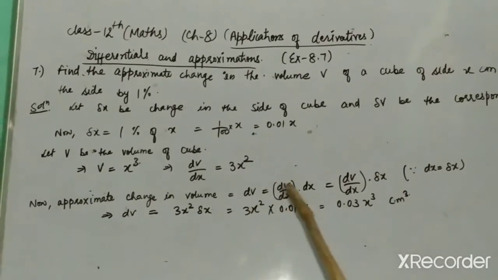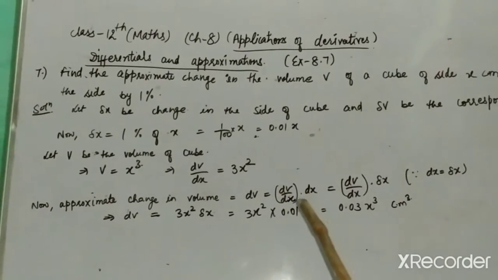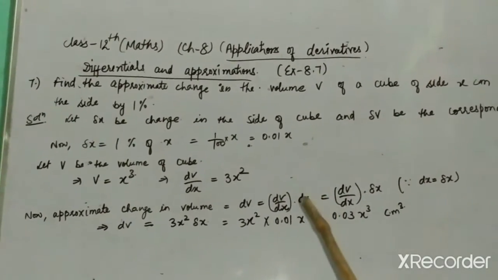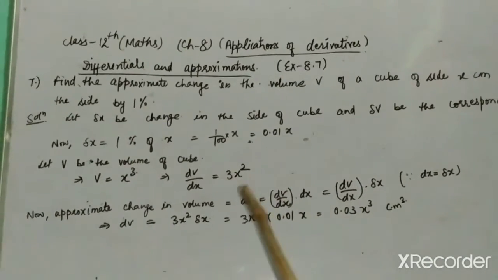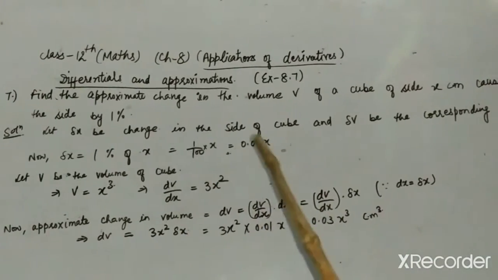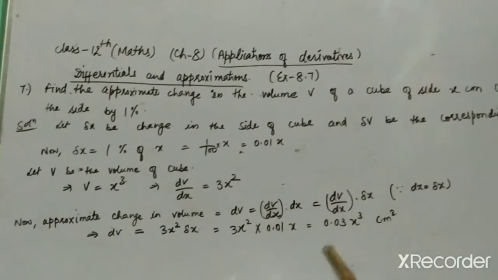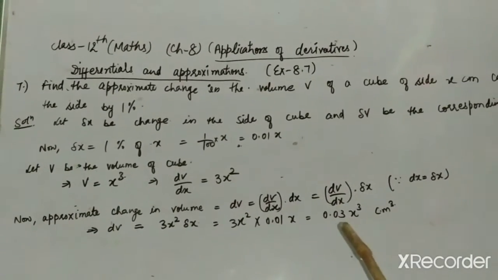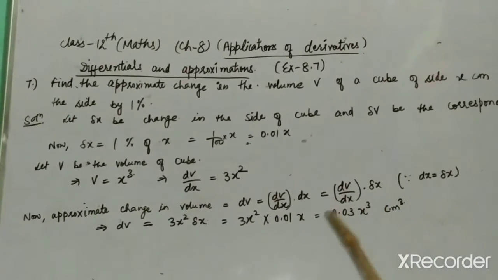So dV will be equal to the derivative of this volume multiplied by the differential of the side. The derivative dV by dx is 3x square and dx, del x, is 0.01 x. So their multiplication equals 0.03 x cube. So this is the approximate change in the volume.